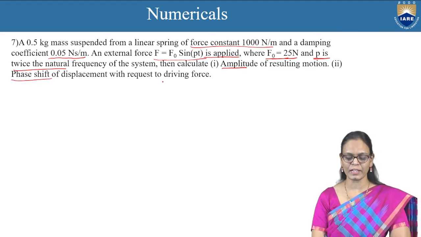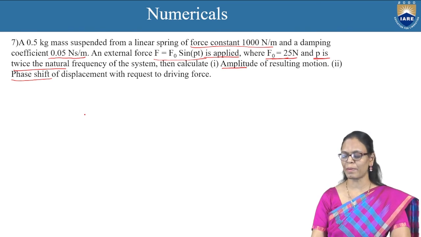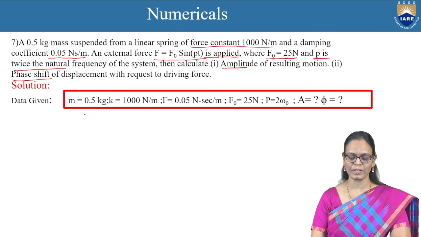So clearly, the data shows that it is a forced harmonic oscillator. So we have already discussed the equation and how to calculate the amplitude and phase for a forced harmonic oscillator. So we will apply the same concept here. So what is the data given? The mass is given 0.5 kg. Force constant is given 1000 Newton per meter.